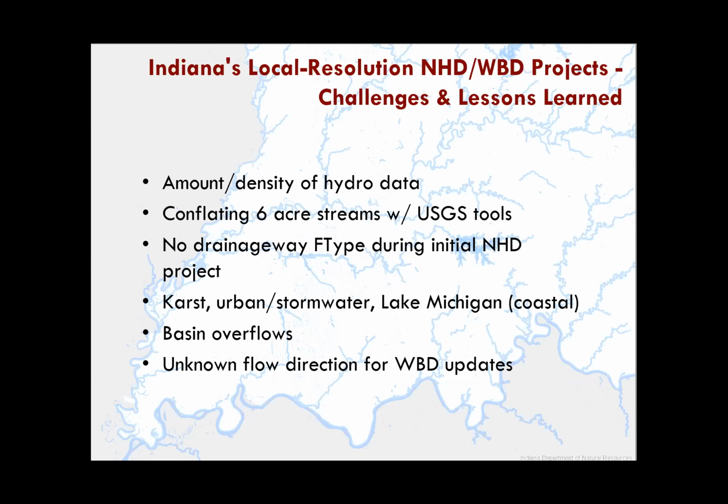Another issue we run into is karst, which is always a problem down in southern Indiana. There's also the issue of using stormwater data and urban issues. Typically, when we do a watershed project or an NHD type update, we're looking at surface water kind of exclusively.